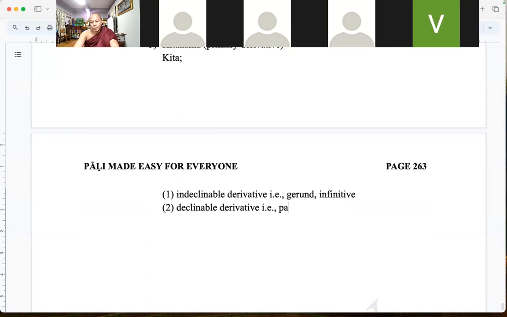So like the past participle, and present participle. So all of the participle forms.